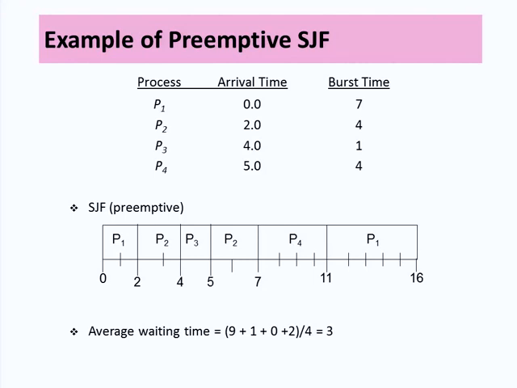Now, what about P4? P4 arrived at t equals 5, right? But it started the service at t equals 7. So in this case, it had been waiting from 5 to 7, from the time it arrived to 7.